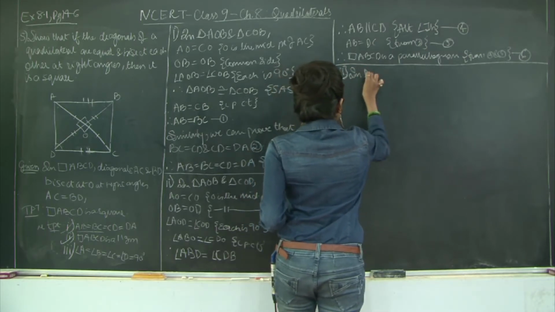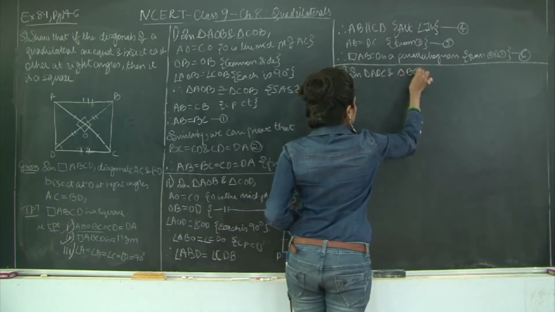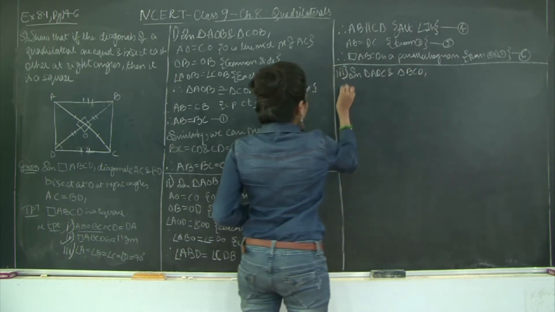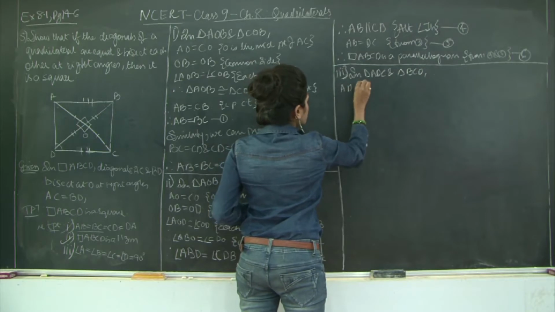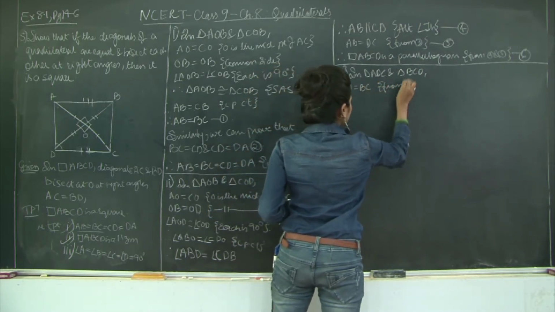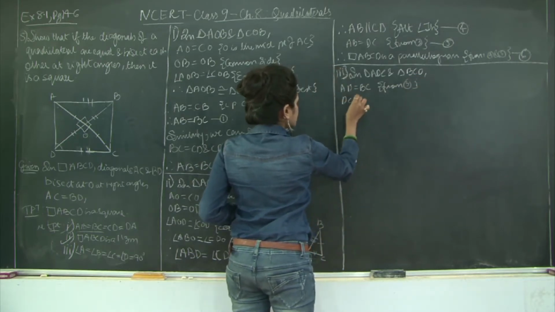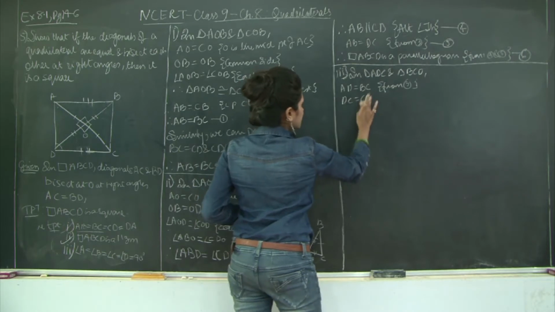in triangle ADC and triangle BCD, I have AD is equal to BC, I'll say from 3, then I have DC is equal to CD. Why?